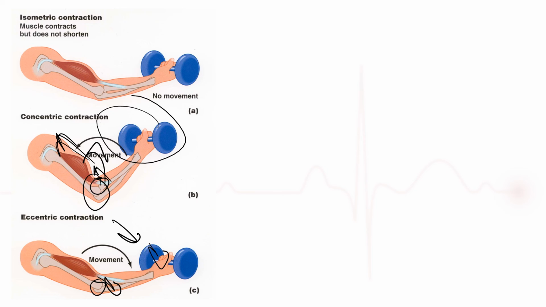So force is still being generated, and that's allowing for that weight to slowly fall with gravity. Okay, that's called an eccentric contraction, when a muscle contracts while it lengthens.